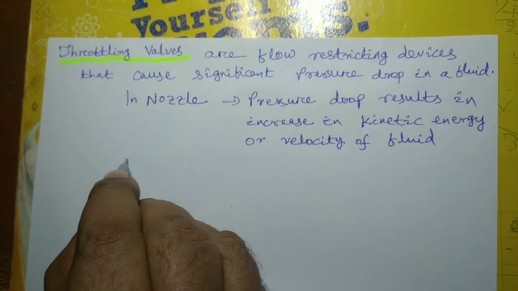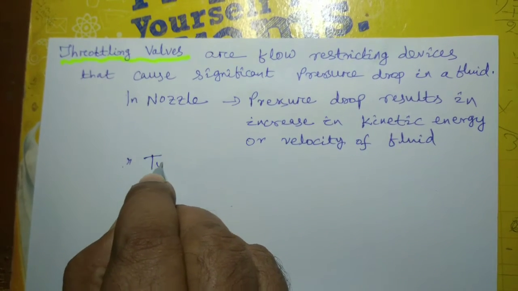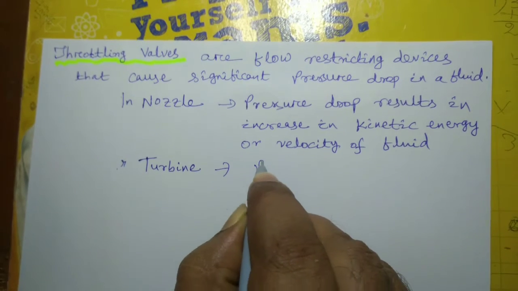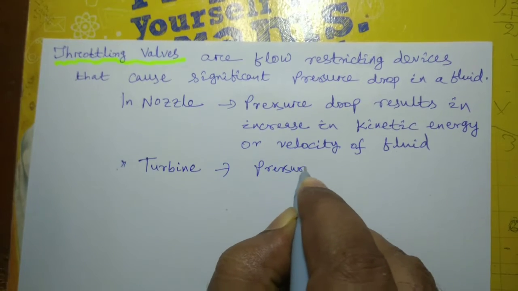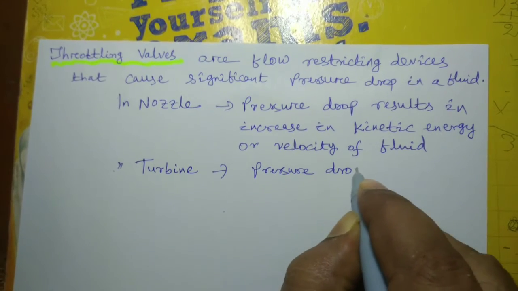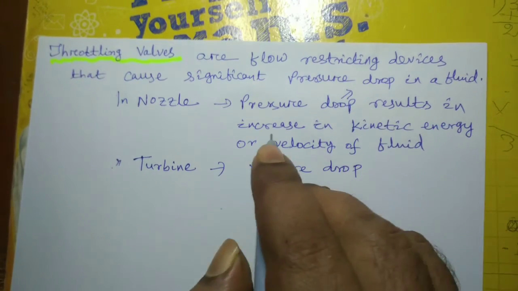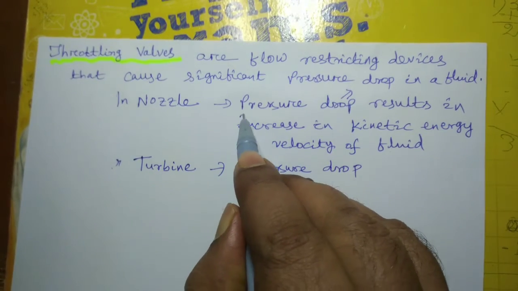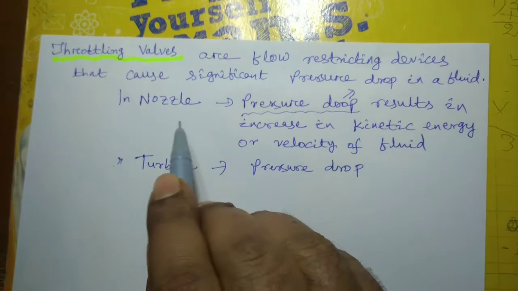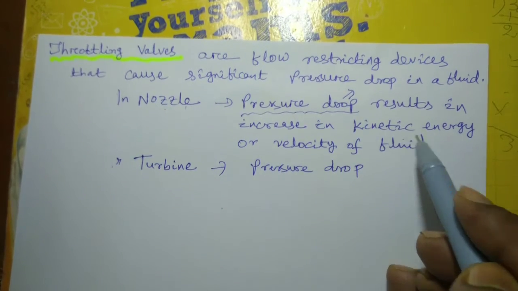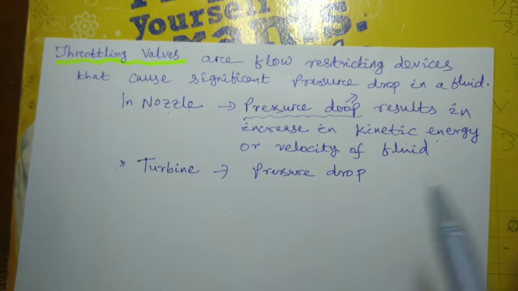And what happens in a turbine? In a turbine, the pressure drop, here meaning the pressure drop in the fluid that passes through the devices. The pressure drop of gas that passes through a nozzle is converted into an increase in kinetic energy or velocity.